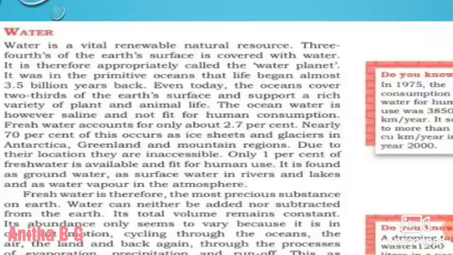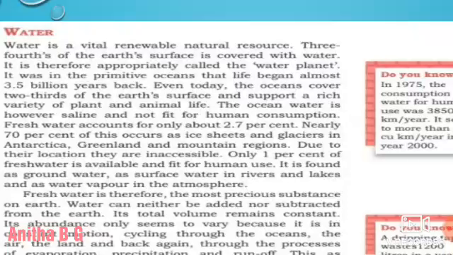Only 1% of fresh water is available and fit for human use. Let's see, the earth is a water planet, a blue planet, but we have only 1% water for human use.